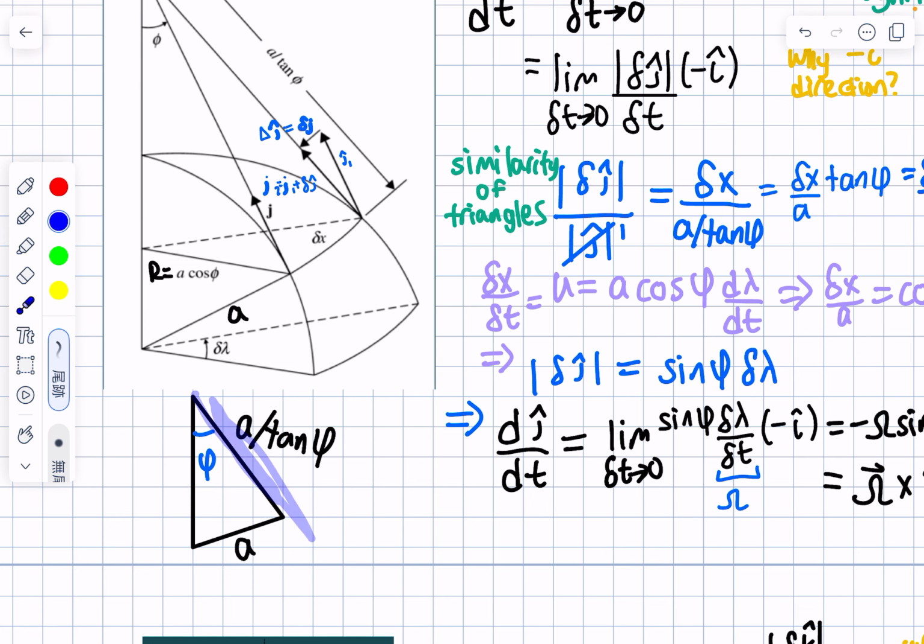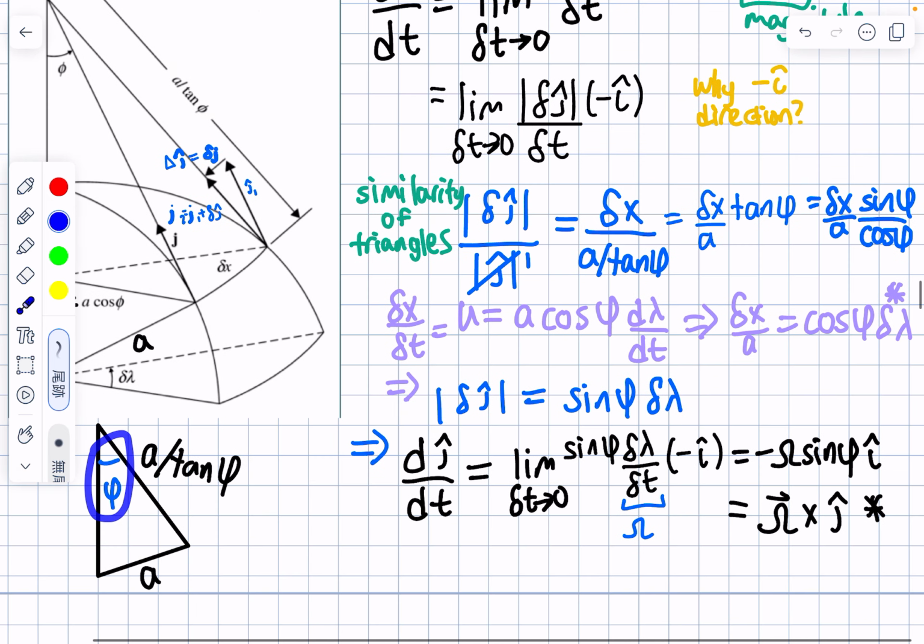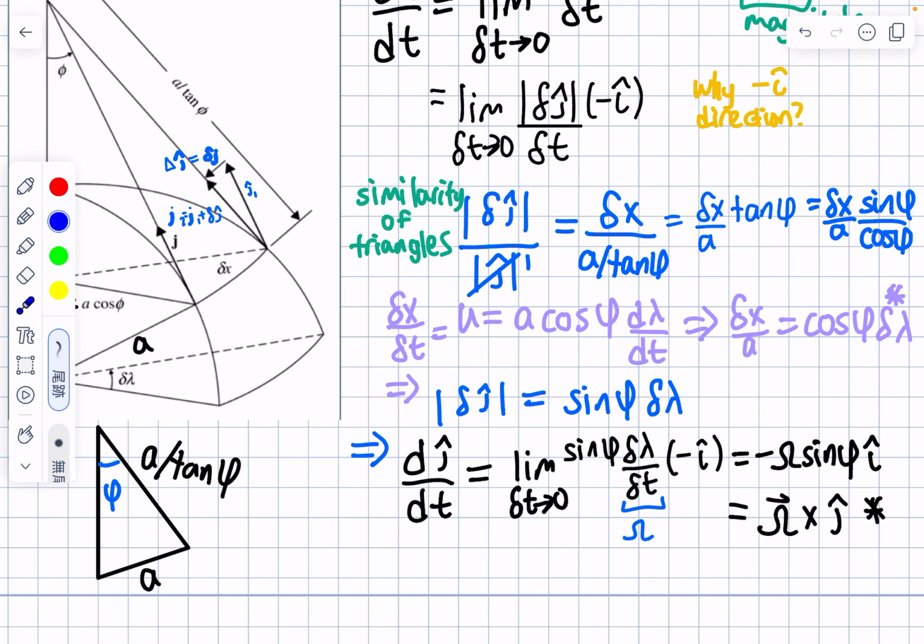So you can write that this side length is a over tangent phi. There's a rule in trigonometry for that. So we can multiply by tangent phi over a. This part will go to 1, so we'll get delta x over a times tangent phi, and tangent phi is sine phi over cos phi.